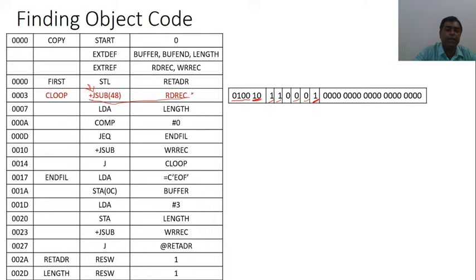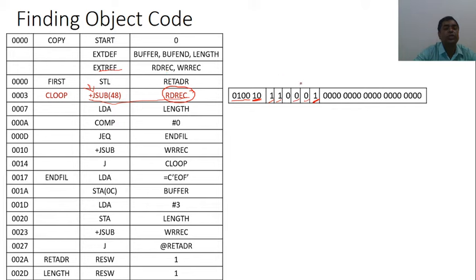Now what will be the address of RDREC? Our task is to find the address of RDREC. We know that RDREC is mentioned in EXTREF here. That means RDREC is defined in some other control section, so we cannot get the exact value of RDREC until that control section is loaded in the primary memory.